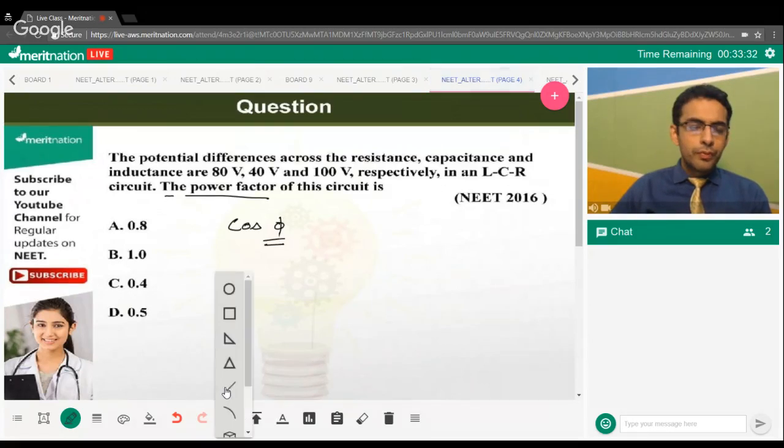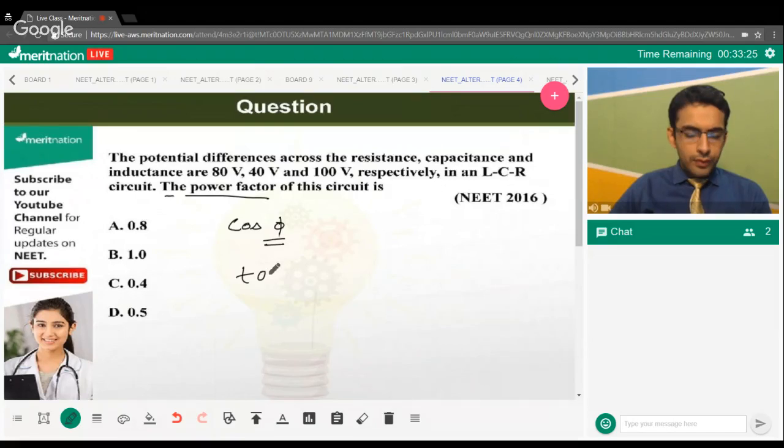How can you find the value of tan phi? Tan phi can be found by this formula: XL minus XC by capital R, where XL is the inductive reactance, XC is the capacitive reactance, and R is the resistance of the circuit.